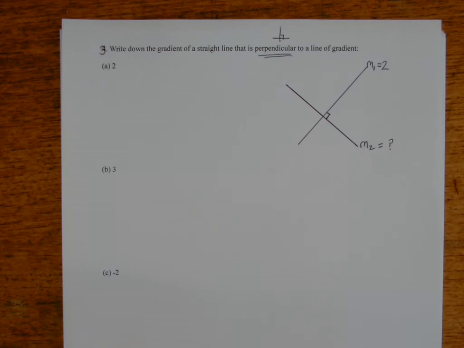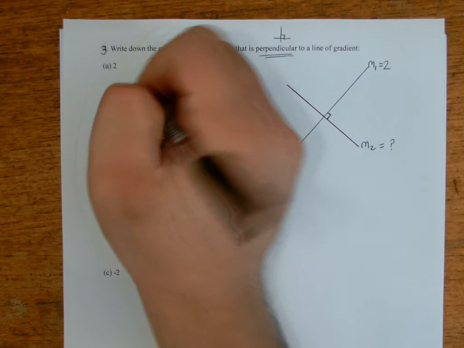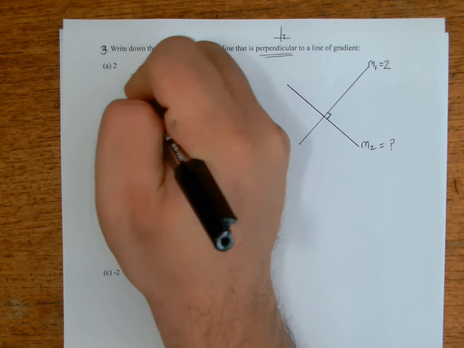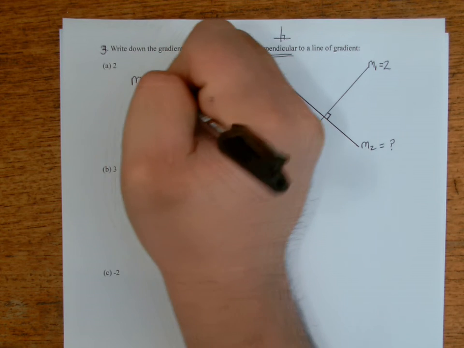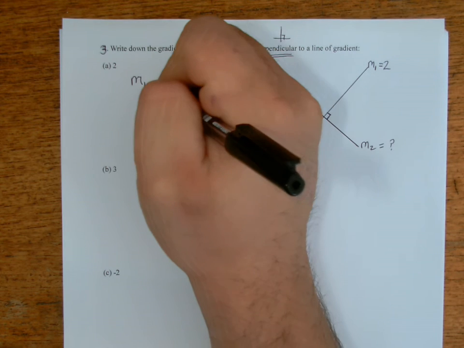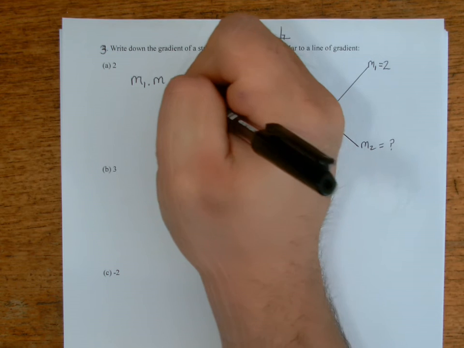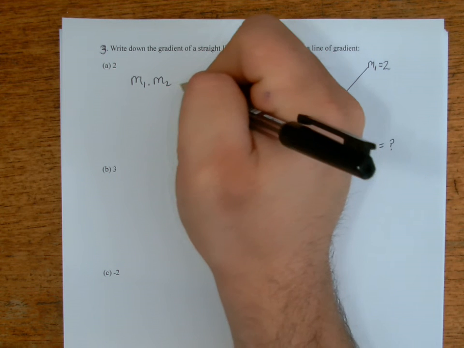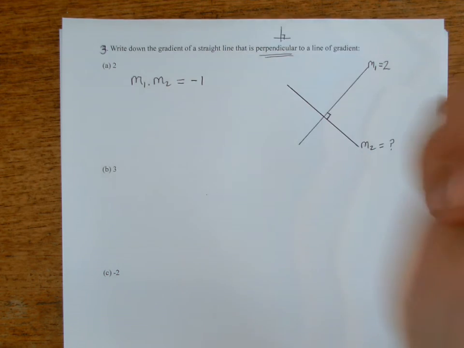In order to work out M2, we use this little formula that will always work. You just need to remember it. Quite simply, if you times the two gradients together, so M1 times M2, and I'm going to put a dot for times, you can write times if you want, if they are perpendicular, the result will always equal -1, every time.